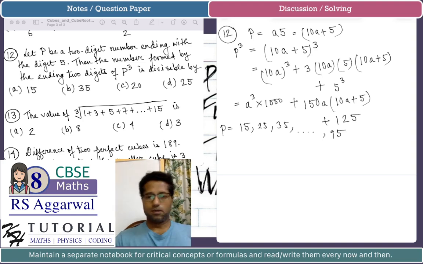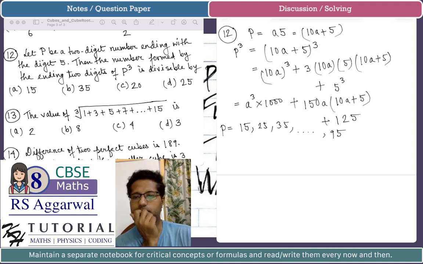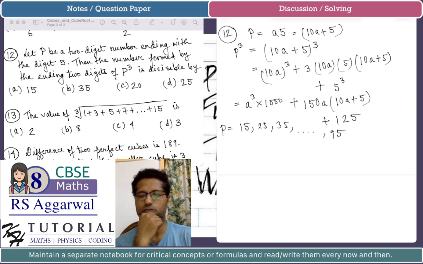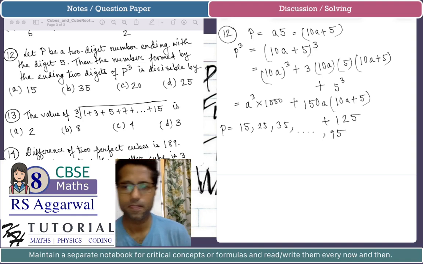No. I was trying to think, taking some examples. So these are the possible values of P, which is a two digit number ending with the digit 5. So it could be 15, 25, 35, and if I try to find the cube of each of these numbers and see what the two ending digits are, and see if there is any pattern, but it will be time consuming.